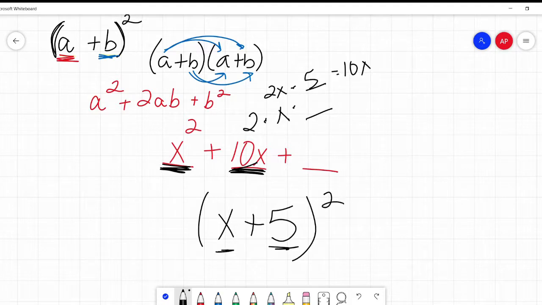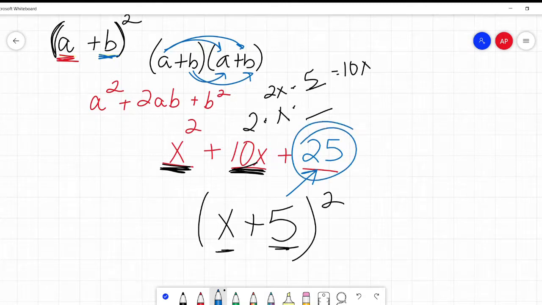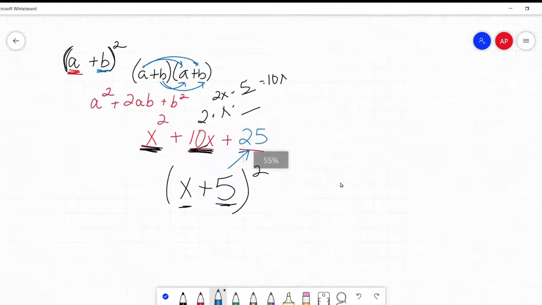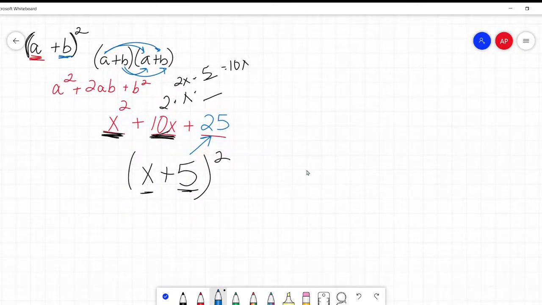If this is my perfect square, (x plus 5) squared, then the last term needs to be this number squared. Positive 5 squared is 25. So if I add 25 to x squared plus 10x, I will have turned it into a perfect square. That is what completing the square is. That's what you're doing. So that's the math that's happening.